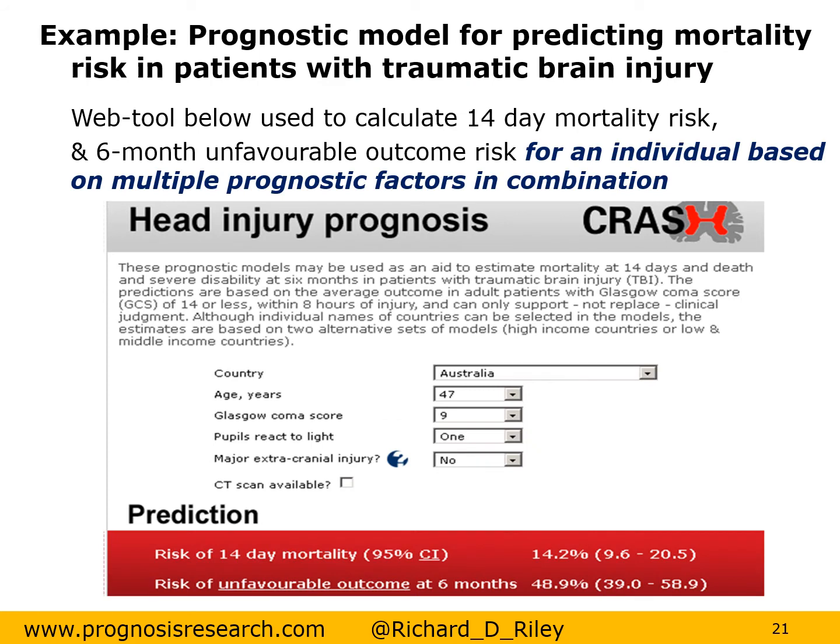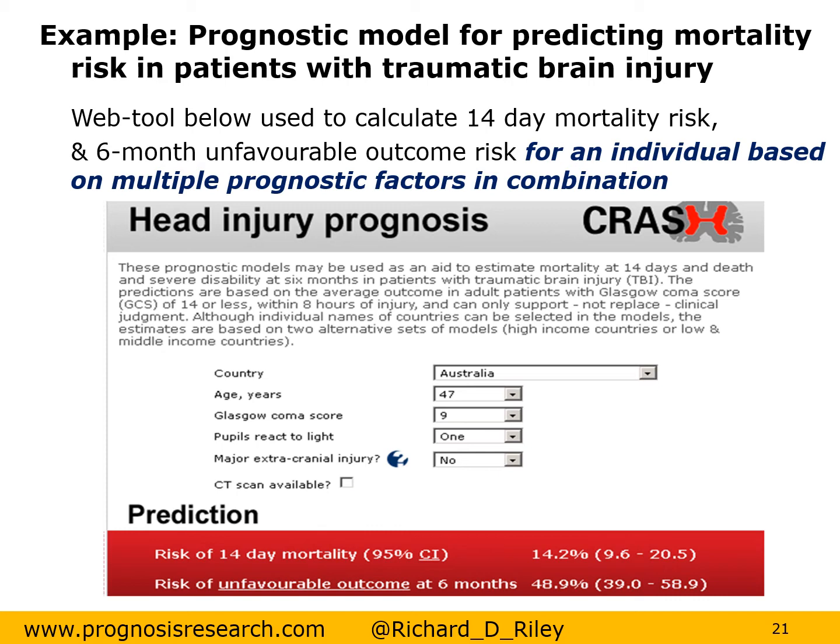Let's look at a real example. This is a prognostic model called CRASH, and this is for use in patients with a traumatic brain injury. So patients have a traumatic brain injury, they get admitted to hospital, and we could use this tool to make predictions to assess the risk for this individual. This tool needs you to enter values of prognostic factors that are in the model, which is actually a logistic regression behind the scenes.